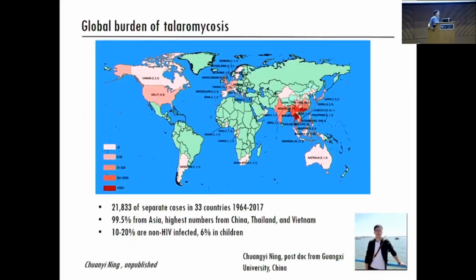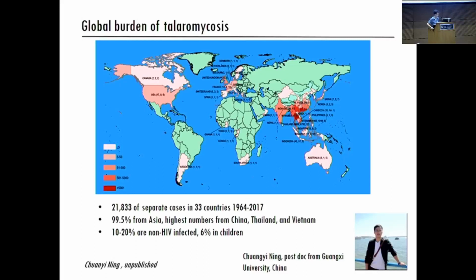In terms of global burden of talaromycosis, this is an ongoing project that we're doing. It's very difficult to estimate disease burden based on case reports, as you know, particularly with hotspot areas, since not all regions are the same, and without a serologic assay.